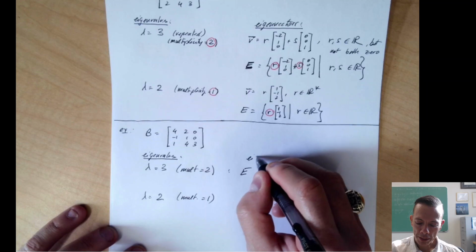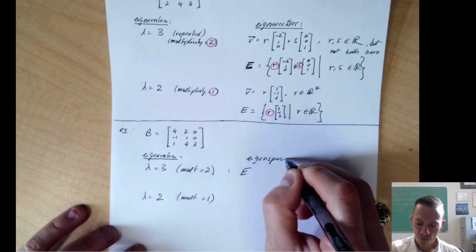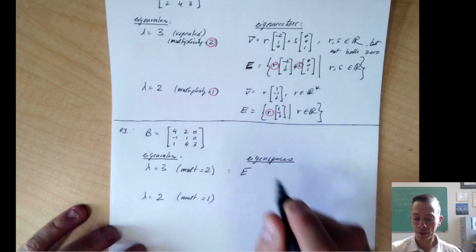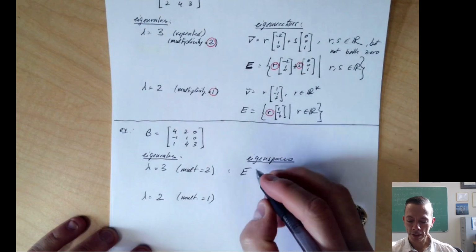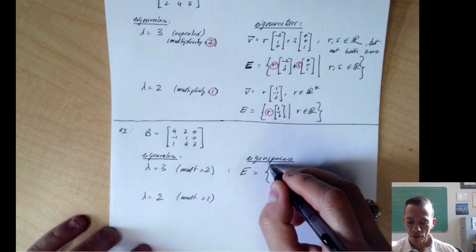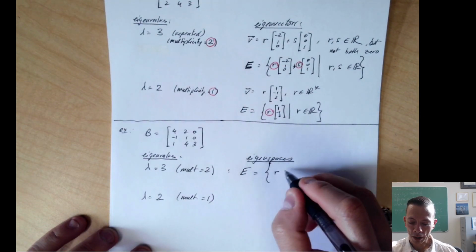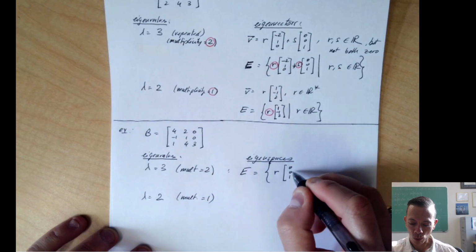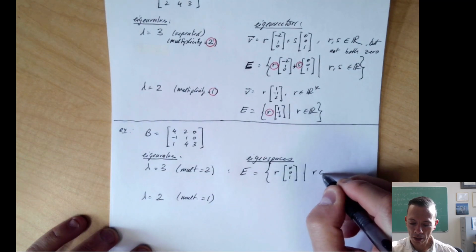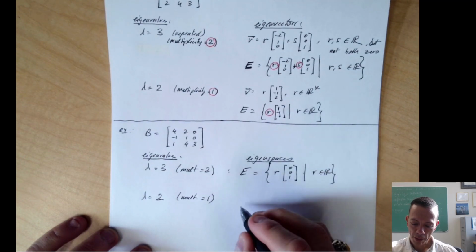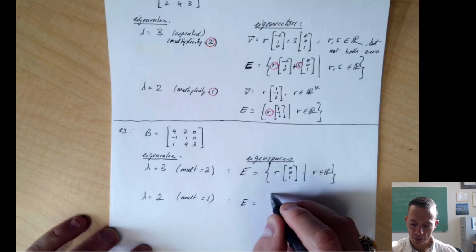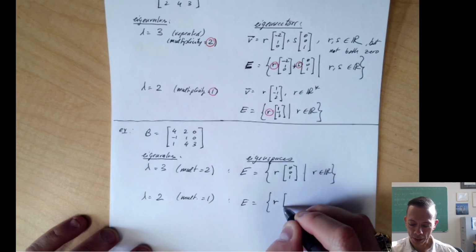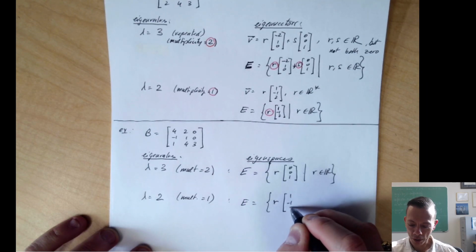The eigenspaces, in other words, the set of the corresponding eigenvectors, for the first one, we ended up having R times 0, 0, 1. And for the second one, R times 1, negative 1, 3.